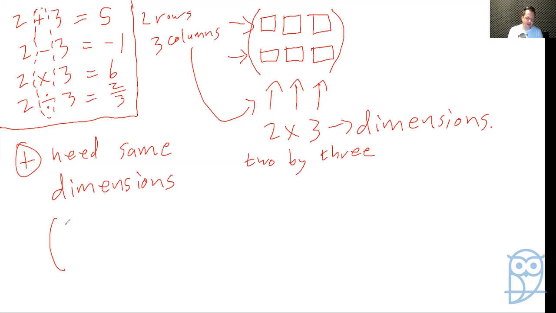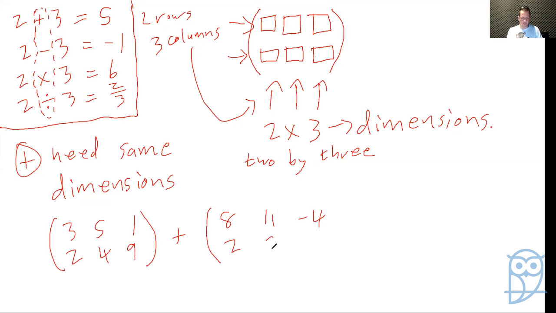We could have a matrix that goes 3, 5, 1, 2, 4, 9, plus 8, 11, minus 4, 2, 8, 0.